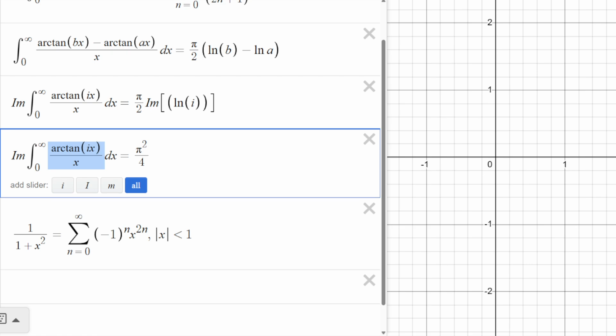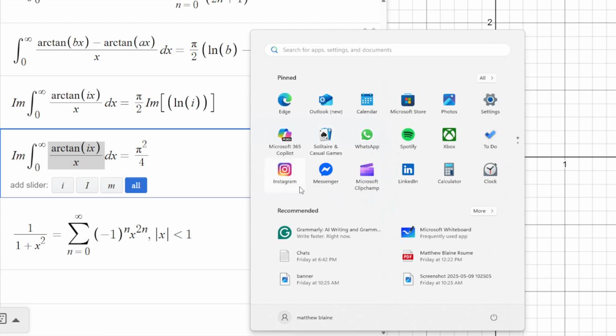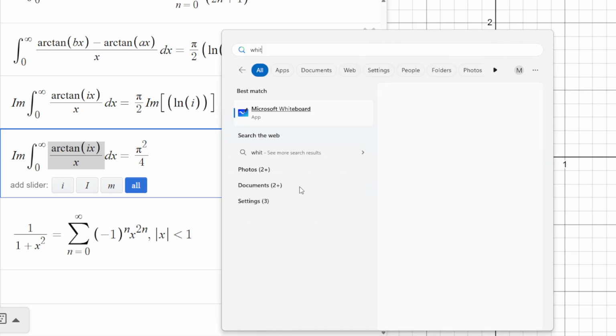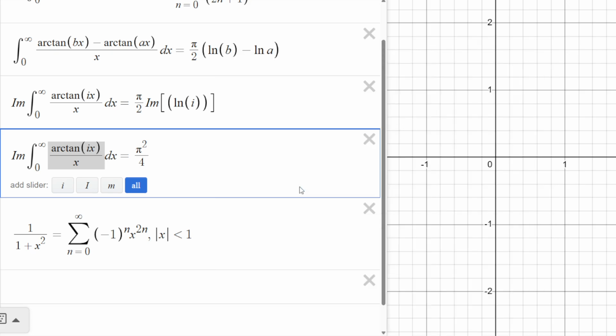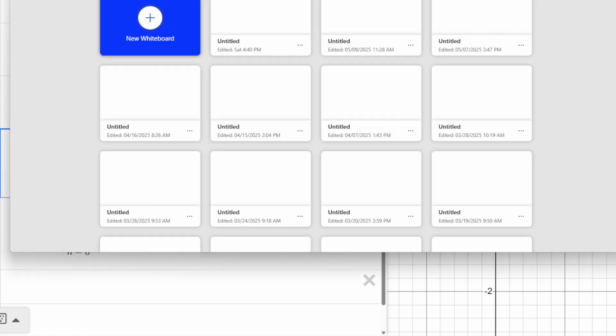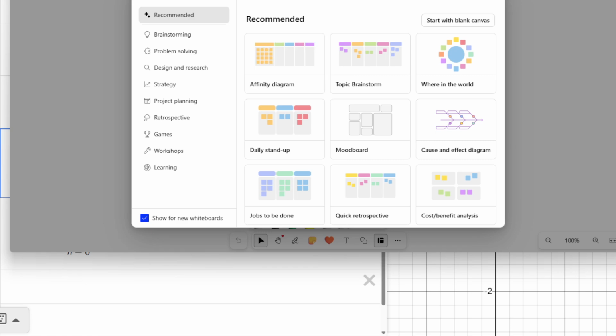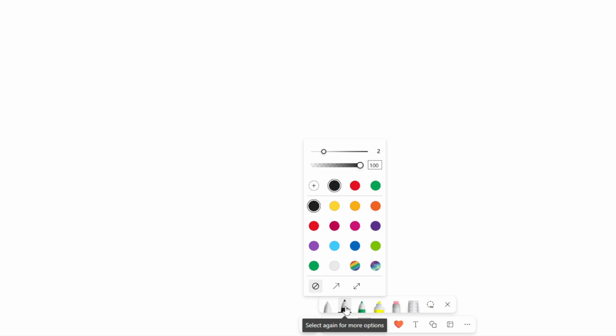Now, there's a lot of ways you could fix it, but what I'm going to do is this. Let's open up the Microsoft whiteboard, and I want to show you something. There is a way to develop Taylor series that basically fill in.